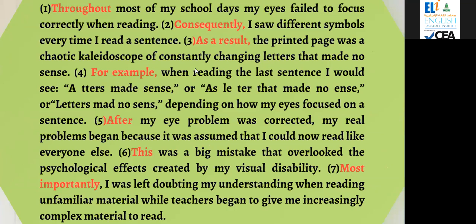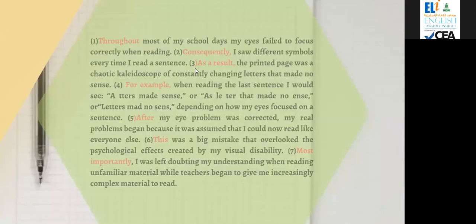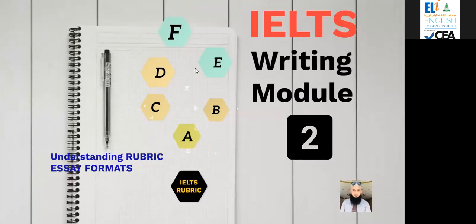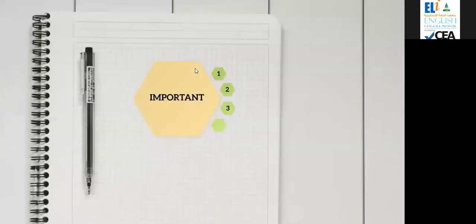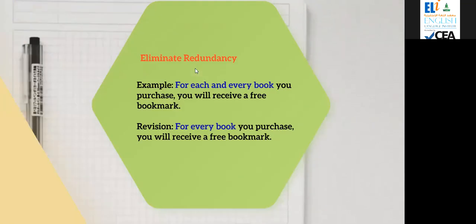See, all sentences are linked. No sentence is irrelevant. And the topic, the theme, the focus is only on one point, and the paragraph is written on it. Beautiful. I hope you understood what coherence and cohesion are. A few more things to understand.